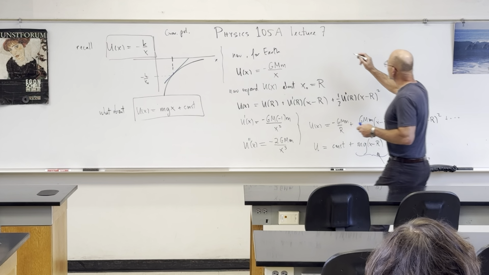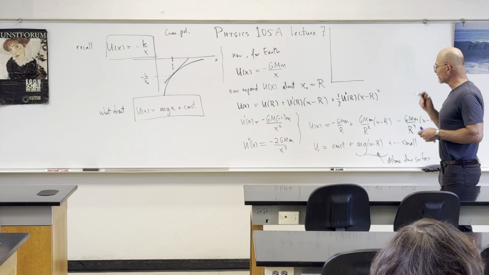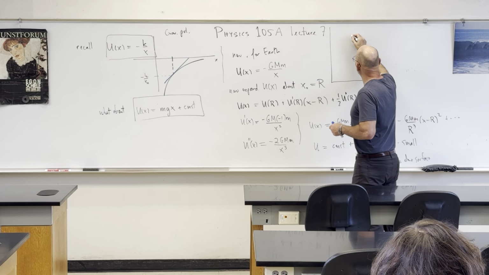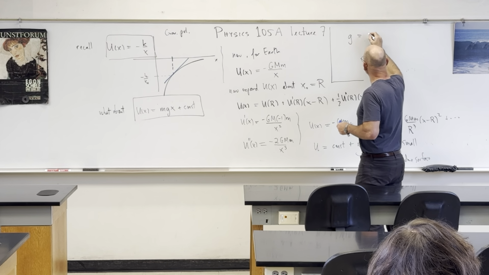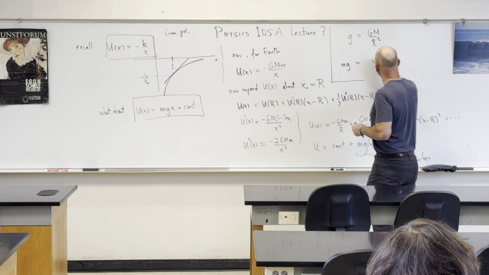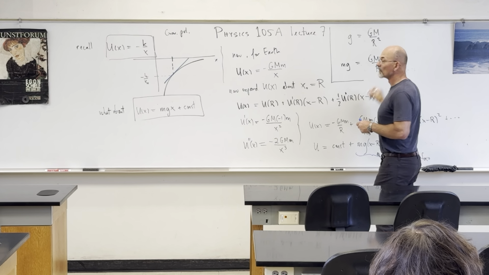Just to make sure, since I see I made a little error there earlier, what we have is g is equal to GM over R squared, right? mg is equal to GMm over R squared, right?